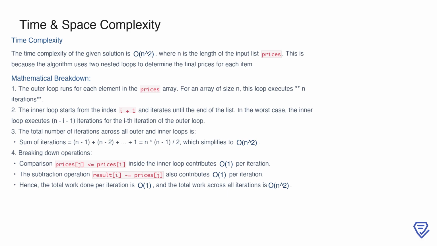When we sum up all iterations across both loops, we get the series (n-1) + (n-2) + ... + 1, which simplifies to n(n-1)/2. This ultimately results in an O(n²) complexity. Each operation inside the inner loop, such as comparing prices or performing subtraction, runs in O(1) time per iteration. Combining this constant work with the total number of iterations confirms the overall complexity is O(n²).